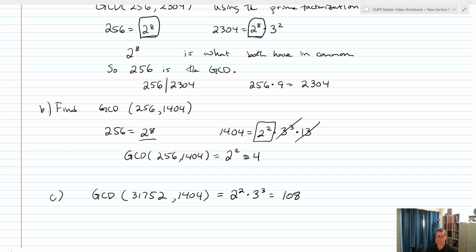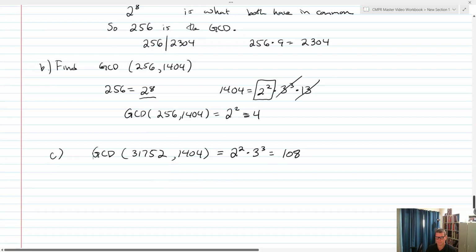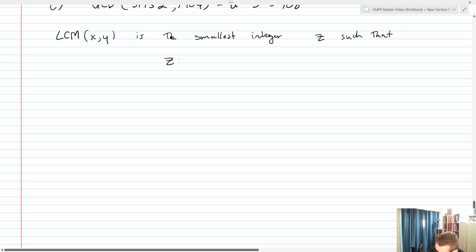Now finally, what we're going to look at is this thing called the least common multiple. The least common multiple, called the LCM, of x and y is the smallest number, we'll call it z, the smallest integer z, such that z equals a times x and z equals b times y for some a and b belonging to the integers.